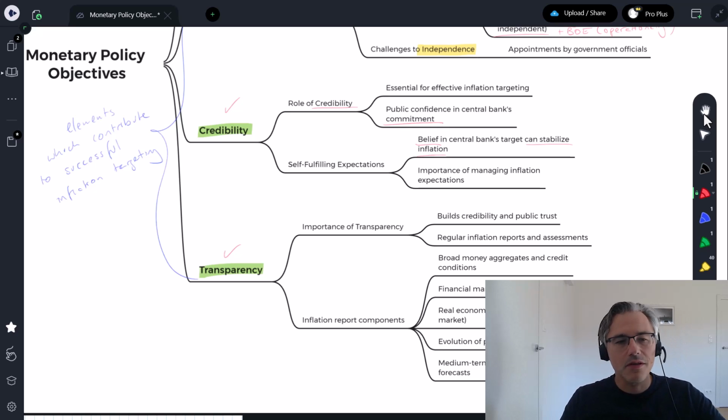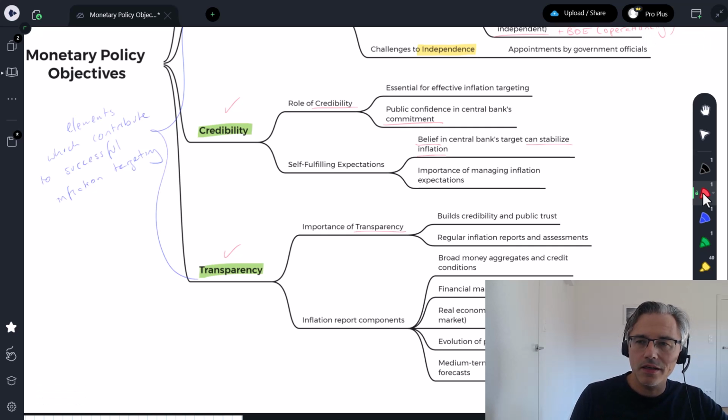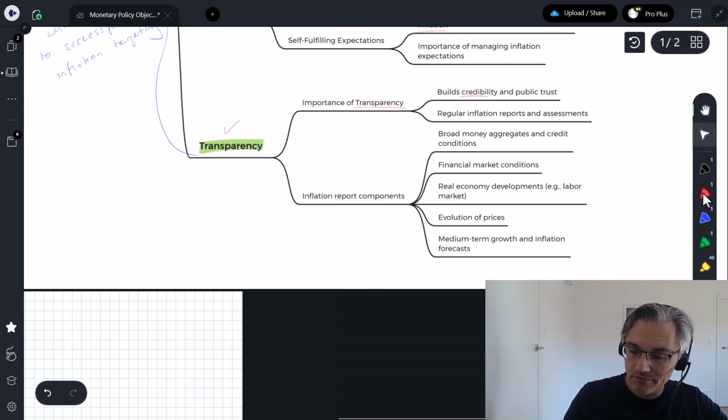Okay, the next point here is transparency. So transparency, especially in the way you communicate with the market, is very important in establishing and building credibility and, of course, public trust.